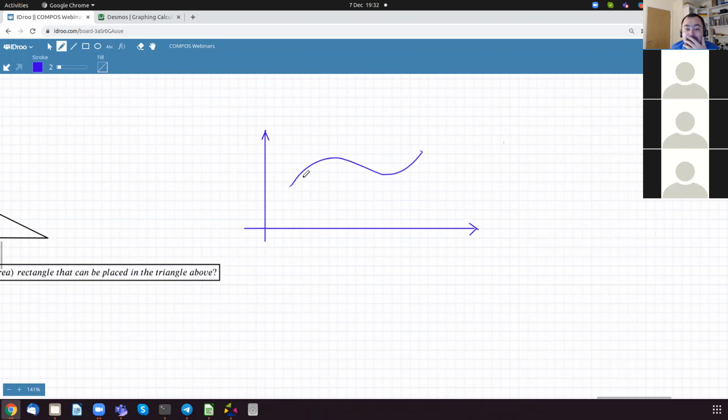Now, if the function is defined on an interval from A to B, the question is, what is the maximum and minimum value of this function on the interval AB?